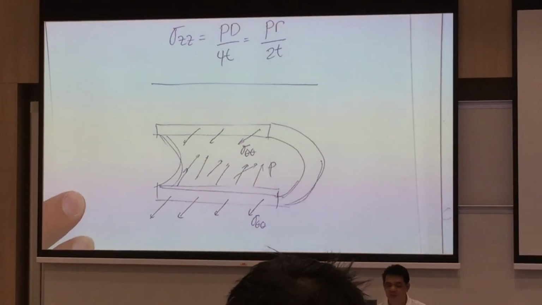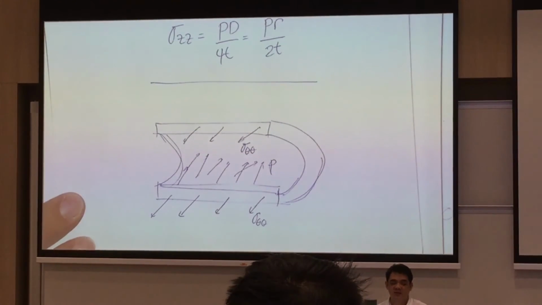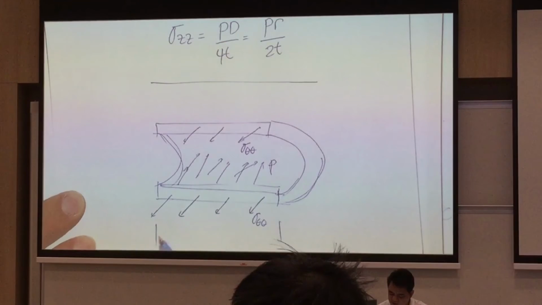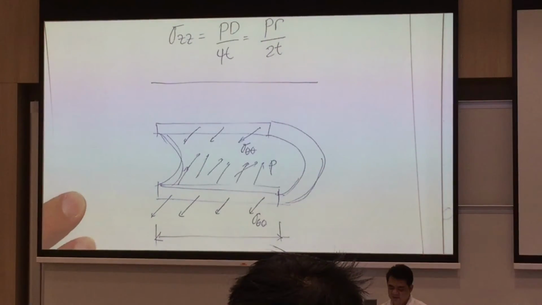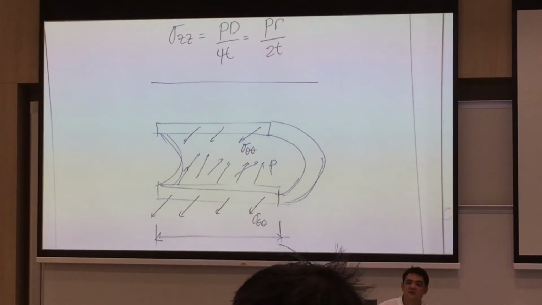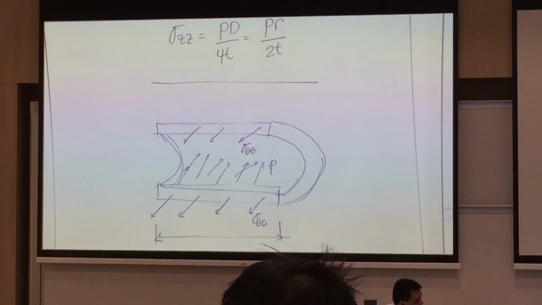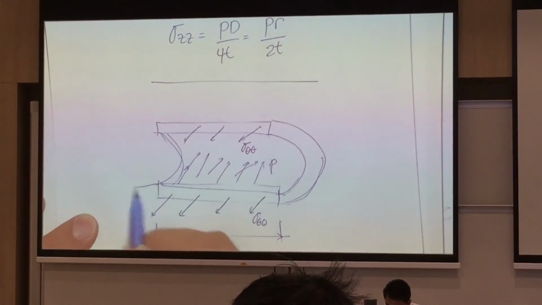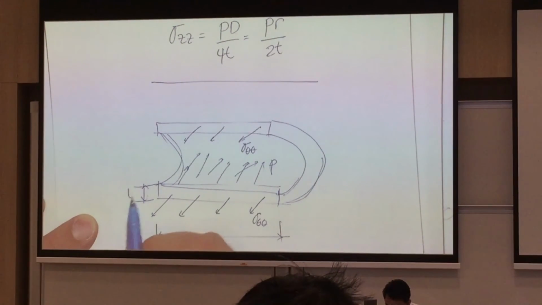So you have this one to be P. And say for example you have this one to be L, or for this example it's called DZ. So DZ. Let's do that. So we have this one to be your thickness.